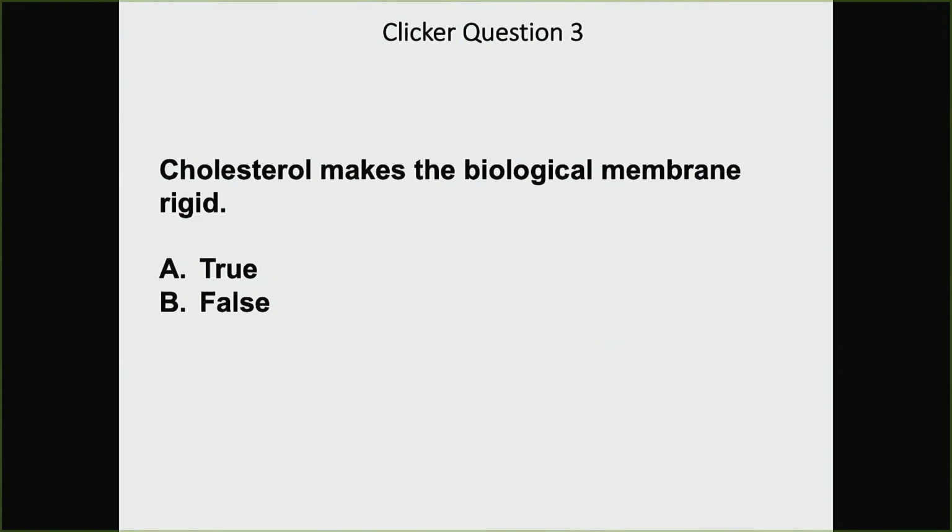Cholesterol makes the biological membrane rigid, true or false? Fifteen seconds.